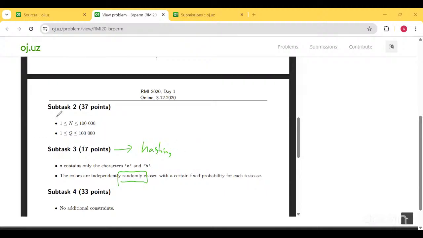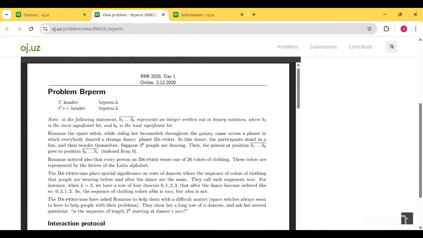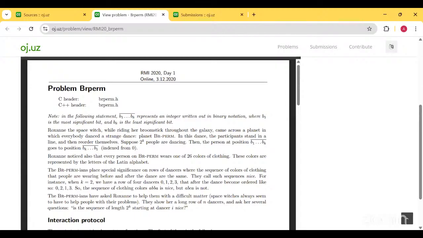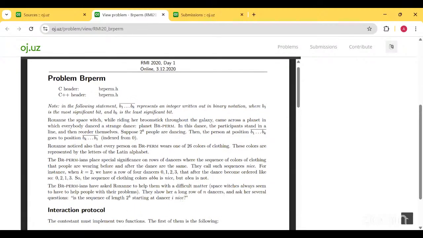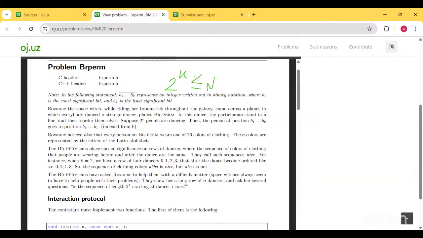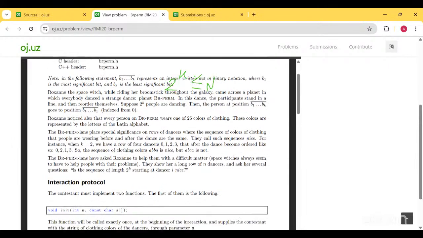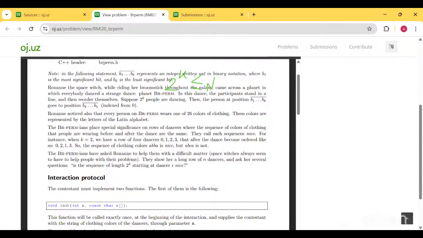Okay, that you got the second subtask, and there is no random constraint here. Wait, is there any statement that says that 2 to the power of k is always less than or equal to n? Which one?